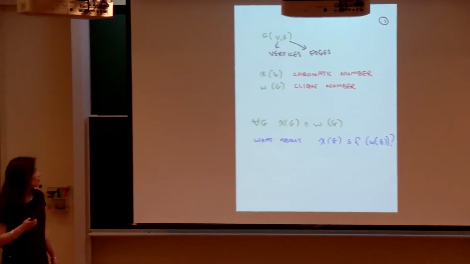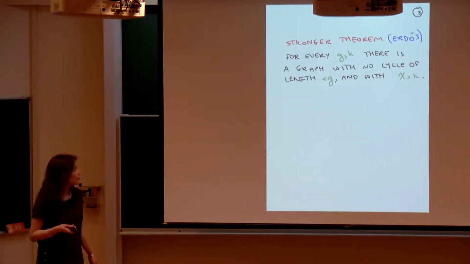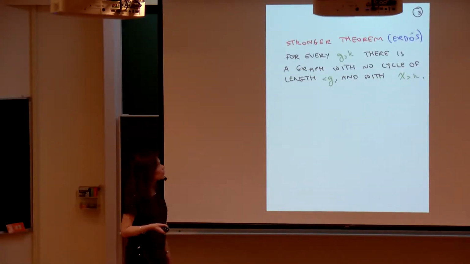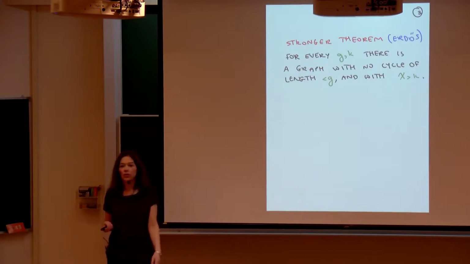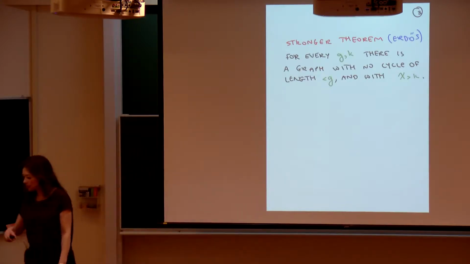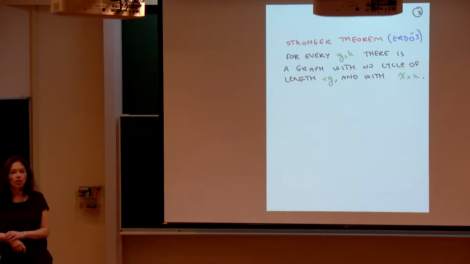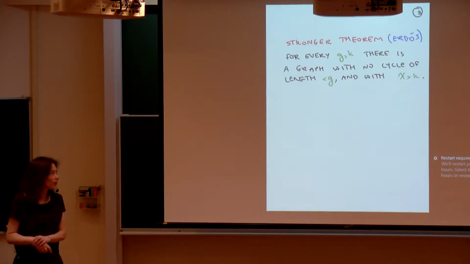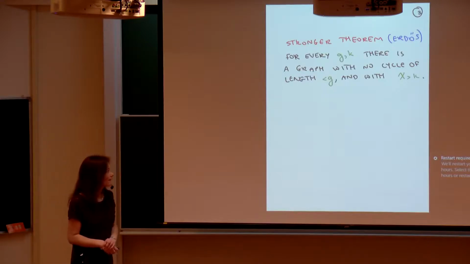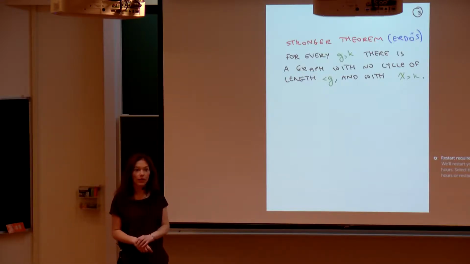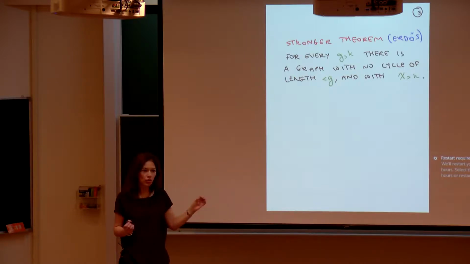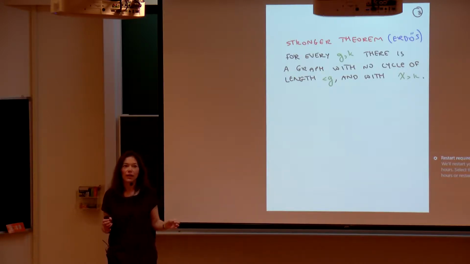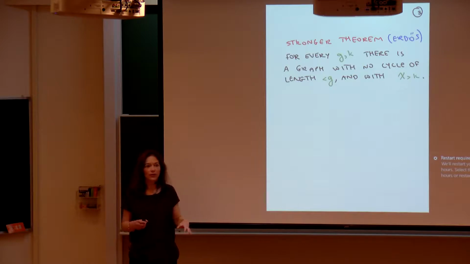It actually turns out that you can prove something much stronger. That's the theorem of Erdős. He proved that there are graphs with arbitrarily large chromatic numbers and no short cycles. Chudnovsky constructed graphs with arbitrarily large chromatic numbers and no triangles. In Erdős's theorem, not only do you not have triangles, but you don't have any short cycles.